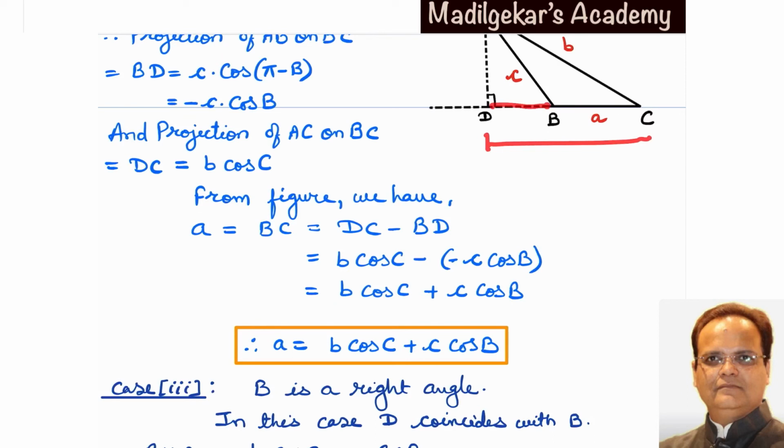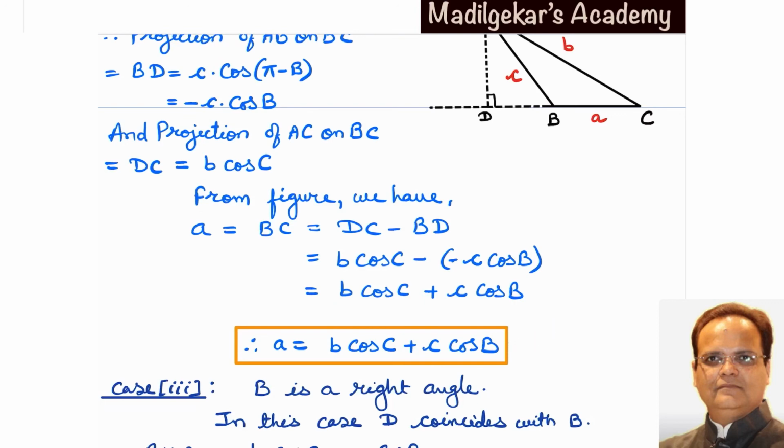So a, that is BC, is DC minus BD. But DC is b cos C and BD is minus c cos B. So minus minus becomes plus. And so for the obtuse angle, the projection rule is proved.